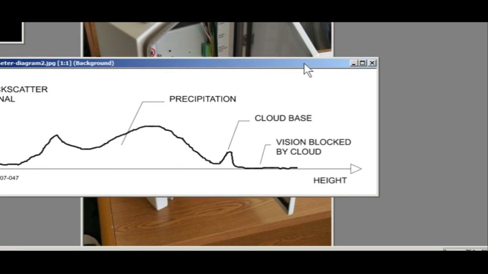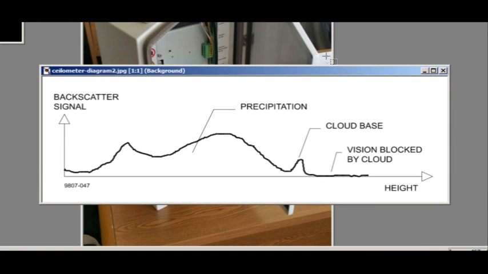Here's what a ceilometer actually sees. This is kind of a rare diagram. This is kind of like a function of increasing time. Basically it shoots a pulse of light energy up, and it's sort of like radar. You can see there's a power curve here, and when it's passing through precip, you have this very gradual increase.